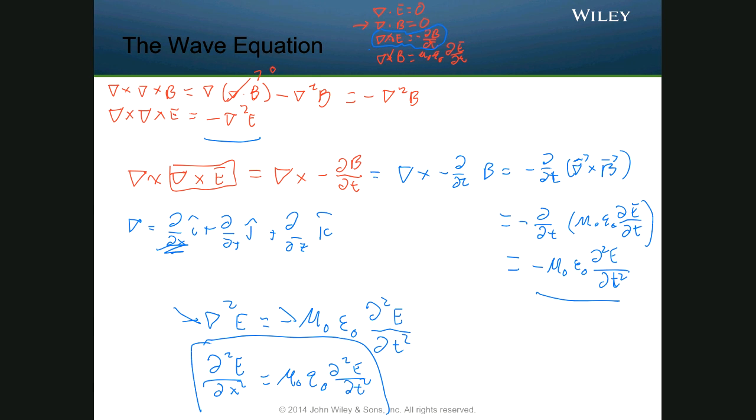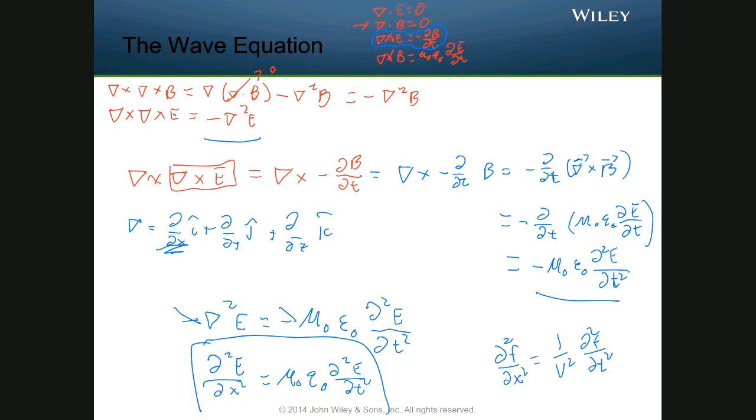But I want you to notice something. In our original wave equation for wave F, the second spatial derivative is equal to 1 over v squared times the second time derivative. This was true for all waves, as you might remember from earlier in the semester.